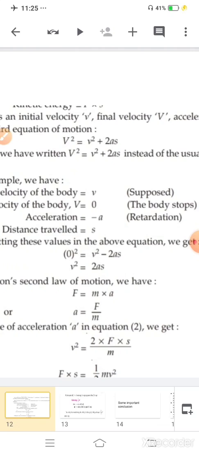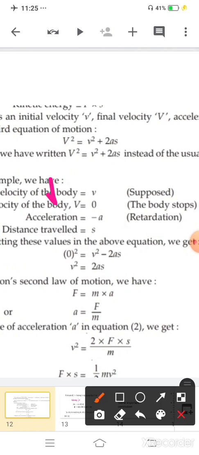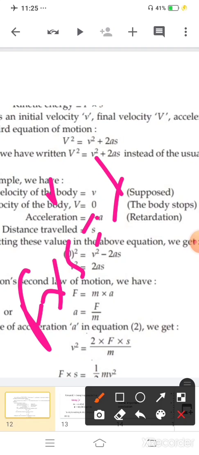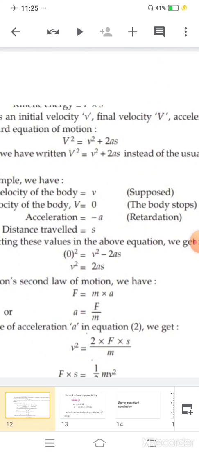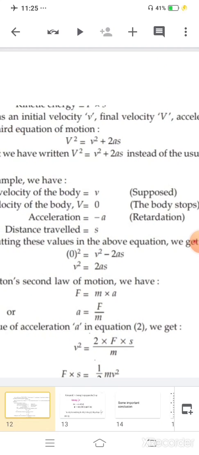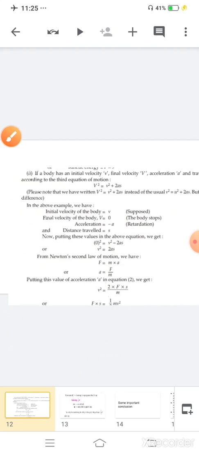So this m will go here. So it will become F into S is equal to half mv square.